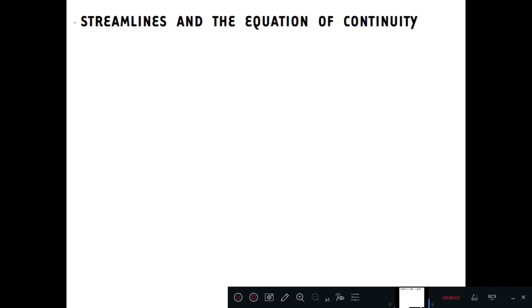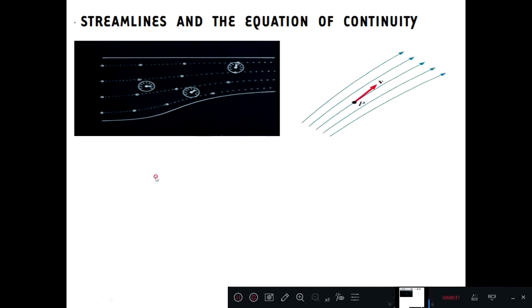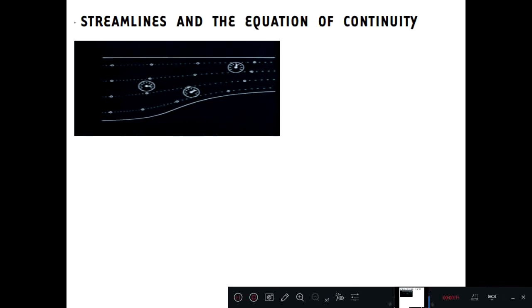Streamlines and the equation of continuity. The path taken by a fluid particle under a steady flow is called a streamline.